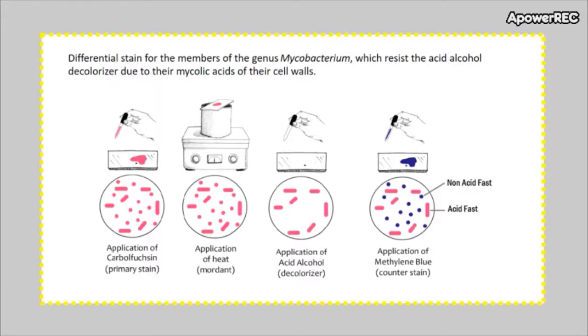And then we expose cells to acid alcohol, and the Mycobacterium are resistant to this acid alcohol, hence they're acid-fast, whereas other cells may not be. Then post decolorizer, methylene blue is added as the counterstain, and so non-acid-fast bacteria will appear as purple, and acid-fast bacteria will appear as sort of this pinkish reddish color.